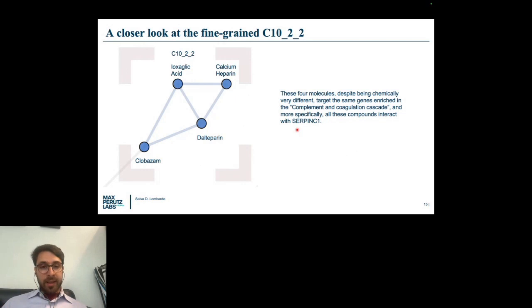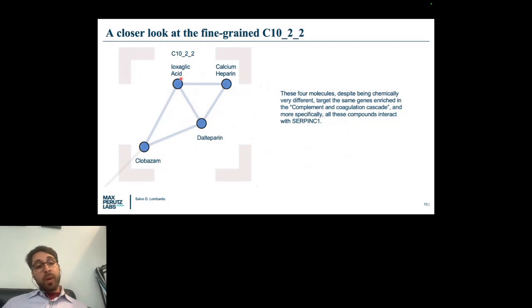And that means that all of these chemical exposures indeed cause a perturbation of the complement and coagulation cascade. And then if we dig into the nature of these molecules, we know that calcium heparin and dalteparin are used actually in clinical practice against thrombotic events. So we know that this association makes sense.